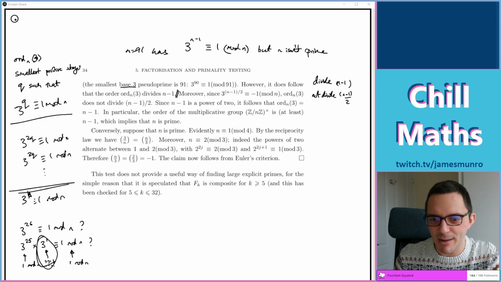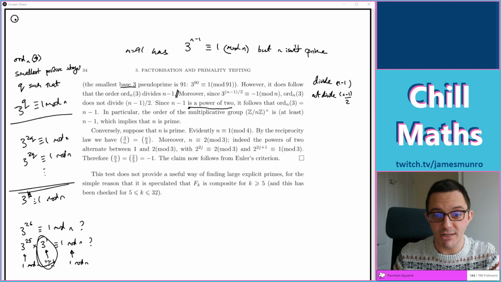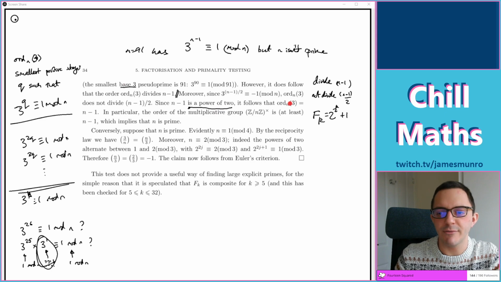There's something suspicious about powers of 2 here. And in fact, n minus 1 is a power of 2, because a Fermat number is 2 to the massive power plus 1. So here we're using the fact that it's a Fermat number, a massive power of 2 plus 1. So now it follows that the order of 3 modulo n must be exactly this, because it divides n minus 1, but not, suspiciously, this slightly smaller number.